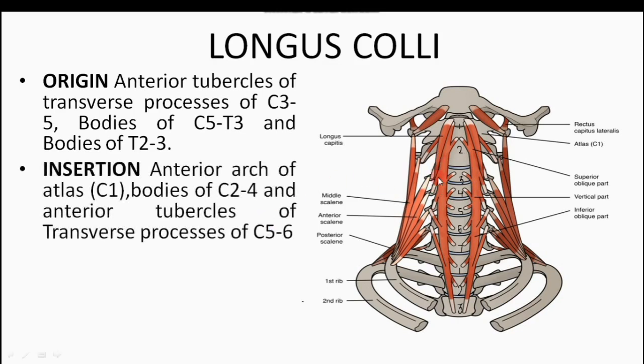Then the insertion of these parts. The first part, superior oblique part, inserts on the arch of atlas vertebra, C1 arch. The middle vertical part inserts on the bodies of C4, C3 and C2 vertebrae.